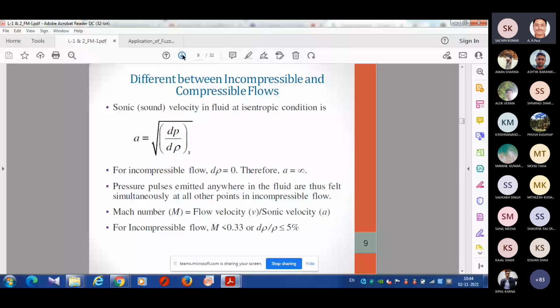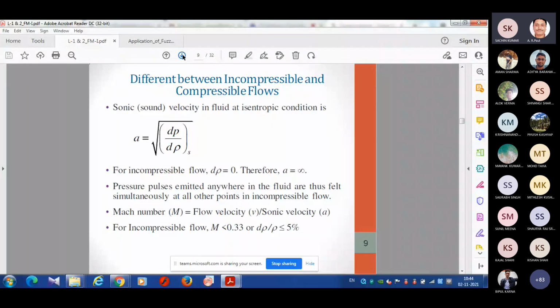But without proof, please accept that the sonic speed, sonic being an adjective for sound, the sound velocity of a sound propagating in a fluid medium at an isentropic condition, can be expressed as under root dp by d rho.